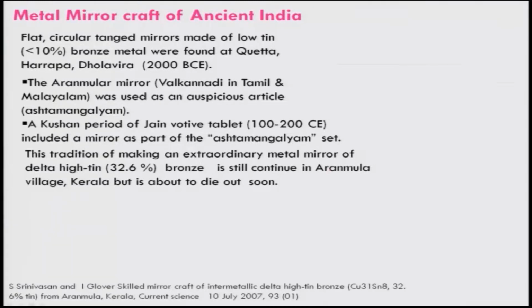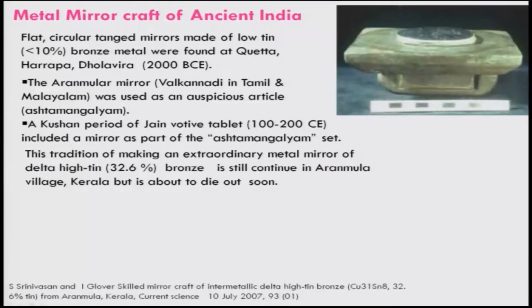And I have shown you an oval-shaped bronze mirror of 7 centimeter length. Its thickness is 3 mm, and it has a hardness of 500 VPN, that is Vickers pyramid number, which is much higher than steel.